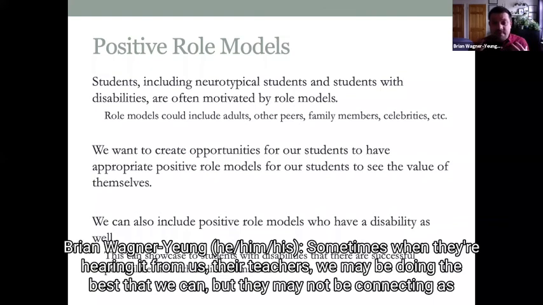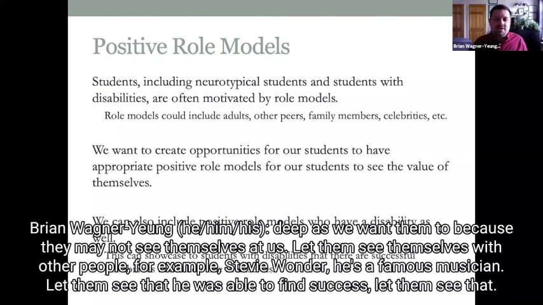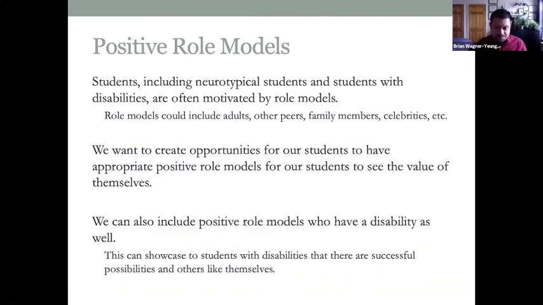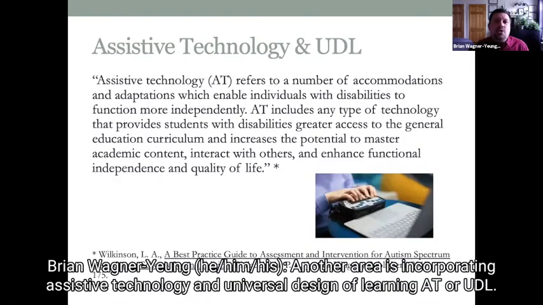Sometimes when they're hearing it from us, their teachers, we may be doing the best that we can, but they may not be connecting as deeply as we want because they may not see themselves in us. Let them see themselves in other people. For example, Stevie Wonder is blind, and he's a famous musician. Let them see that he was able to find success.